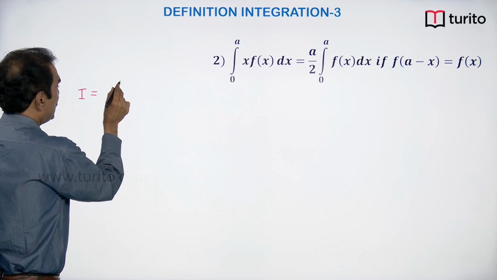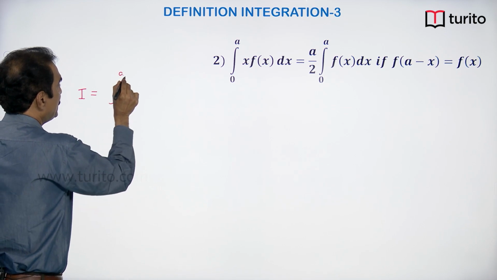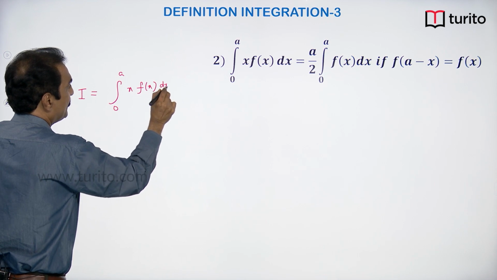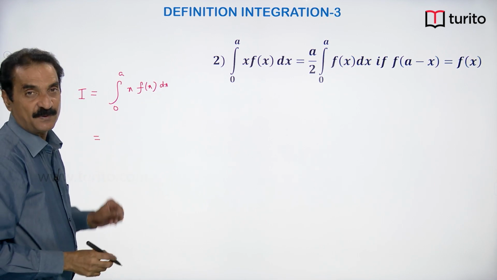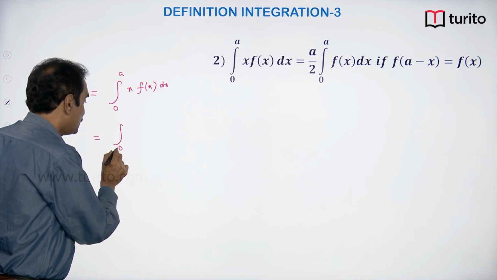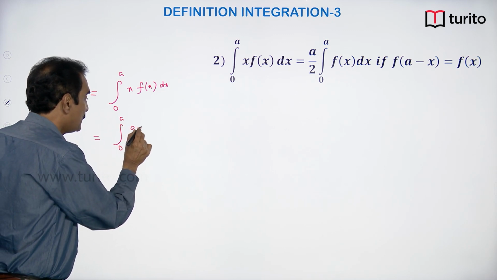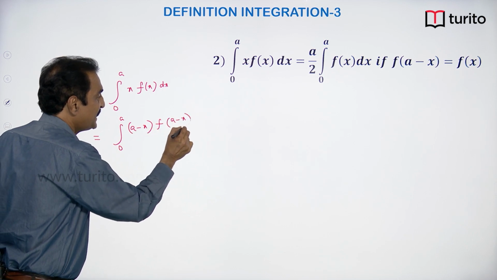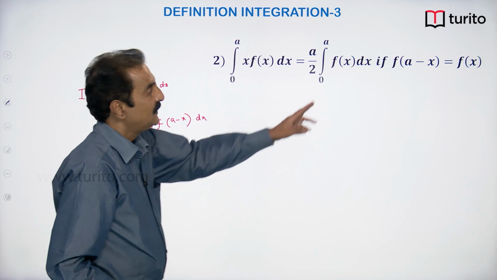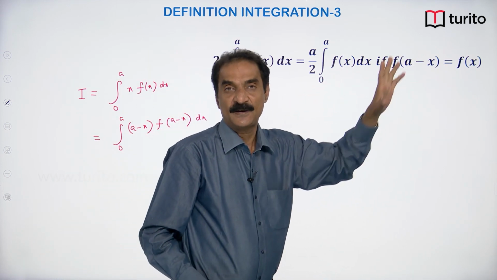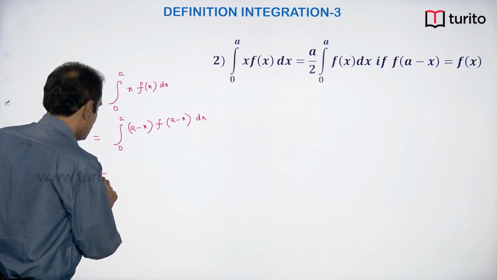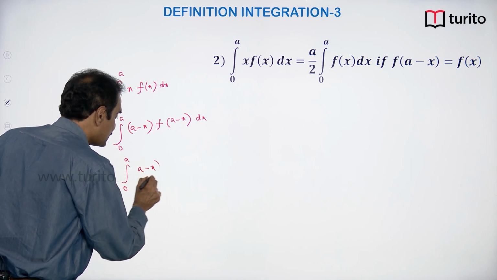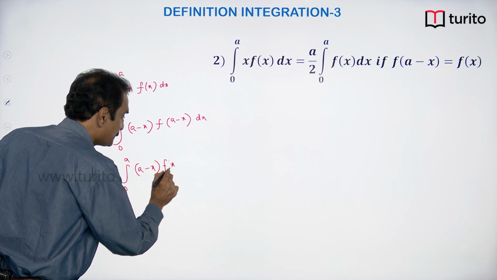Take the given integral as I, integral 0 to a x f of x dx is I. Replacing x by a minus x, integral 0 to a of a minus x into f of a minus x dx. If f of a minus x is equal to f of x, then this will be equal to integral 0 to a of a minus x into f of x dx.